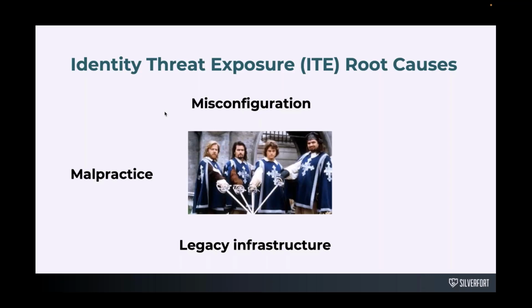But what will you do if you still have NTLM-v1 in your environment because of critical applications that were written in-house 20 years ago, and removing NTLM-v1 will crash them, for example? So legacy infrastructure is much harder to overcome than the other two.